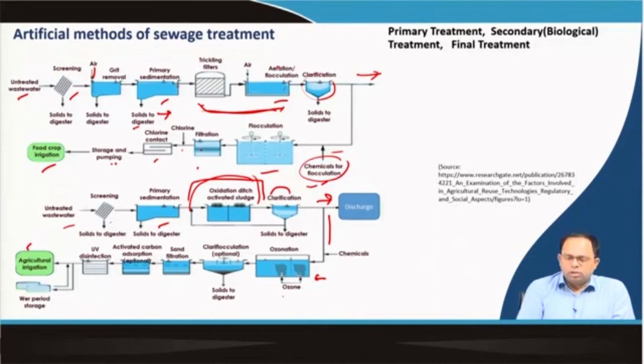We put in ozone over there, so that disinfection happens over here. Then we have clarification again, some chemicals are mixed, then sand filtration, activated carbon adsorption, UV disinfection, and finally agricultural irrigation. So, there could be more complicated ways of treating wastewater, depending on how you are going to finally use it. Based on that we would do the treatment.